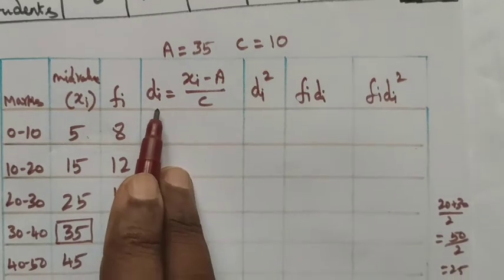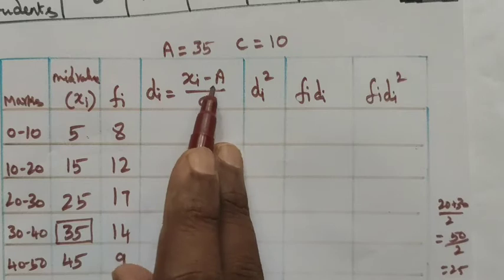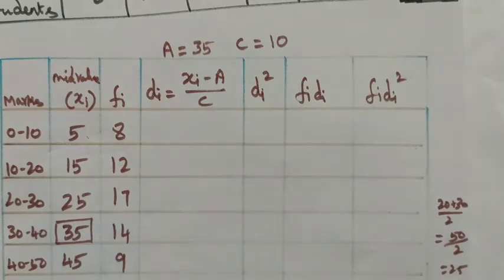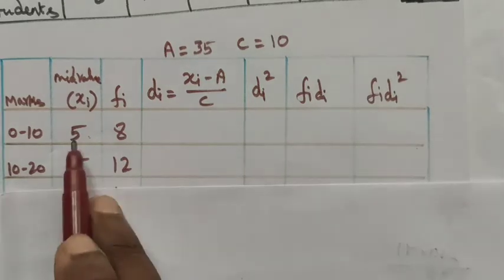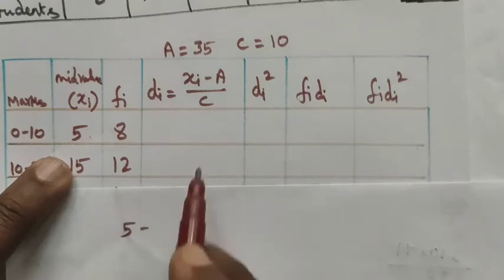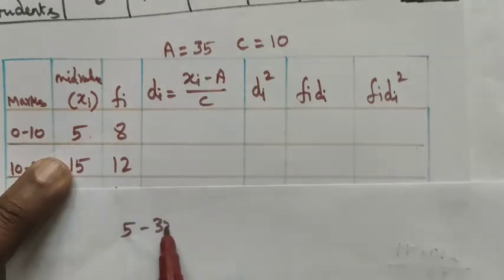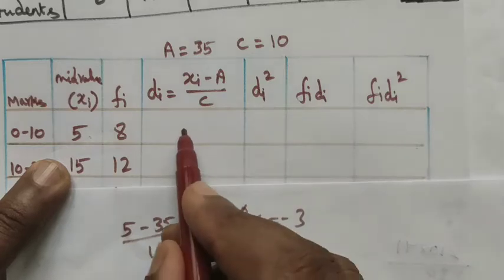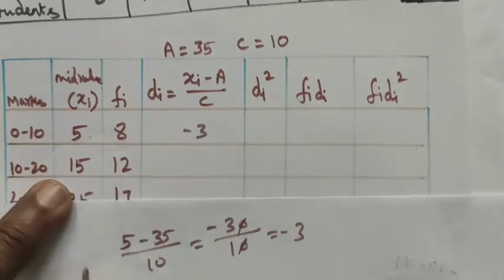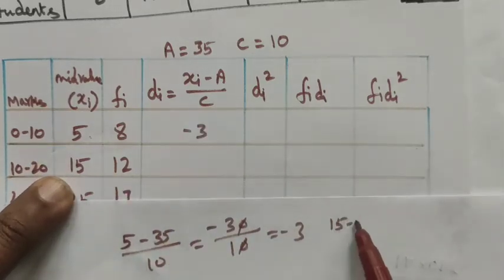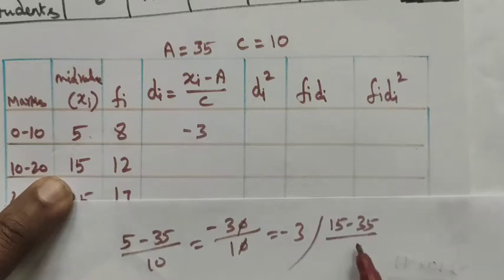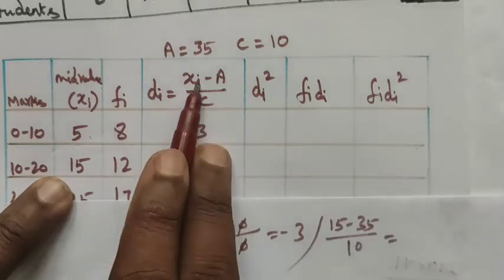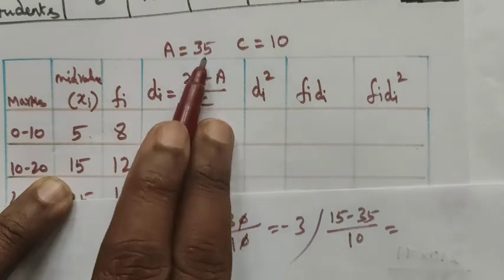So first we want to find di is equal to xi minus a divided by c. For example, see, xi is equal to 5 minus a is equal to 35 divided by c is equal to 10. So when you subtract this, we get minus 30 divided by 10, which is minus 3. So the first value is minus 3. Second value, 15 minus 35 divided by 10. xi is 15, a value is 35.